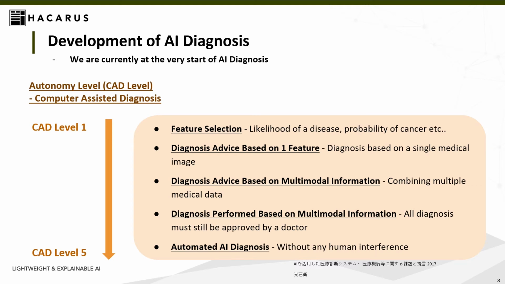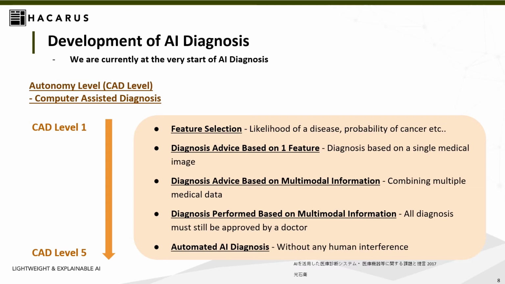Level 2 is diagnosis advice based on one feature, which means diagnosis advice is given based, for example, on a single medical image. Level 3 is diagnosis advice based on multimodal information, where multiple medical data is combined to make such suggestions.